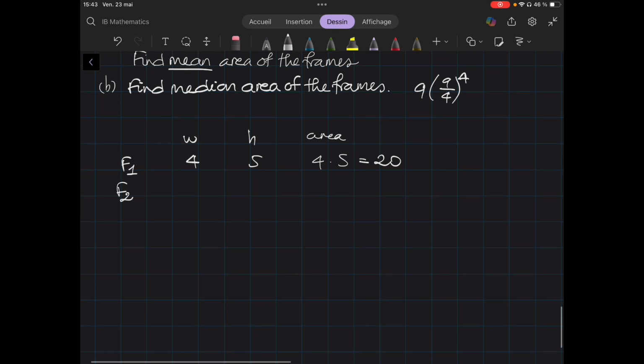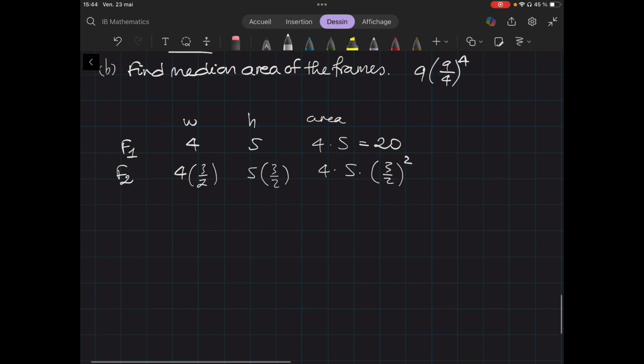So let's do that. The first picture frame has width 4 and height 5. So the area is 4 times 5, or 20. For the second frame, the width has been increased by 50%, or 3/2. The height has also been increased by 3/2. So the area is now 4 times 5 times 3/2 squared. Similarly, we have F3. The new width has been increased by 50%. The new height has also been increased by 50%.